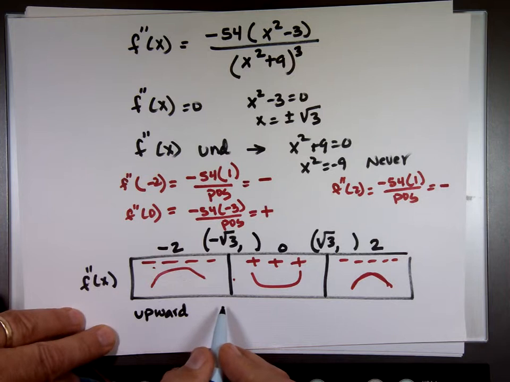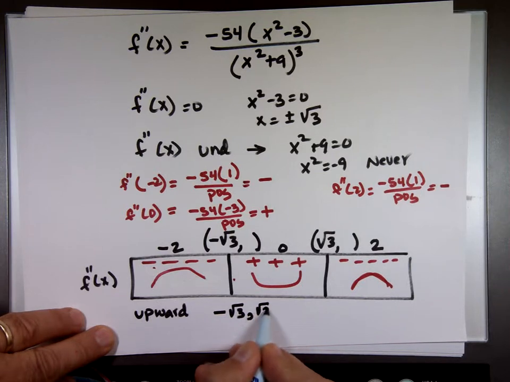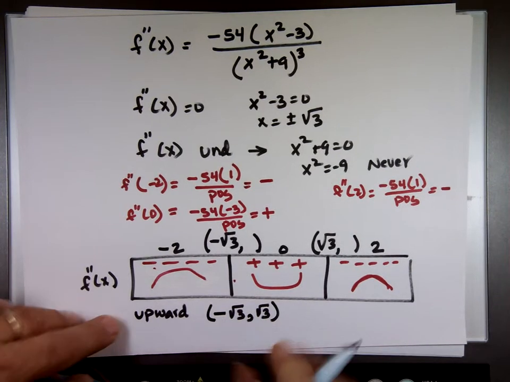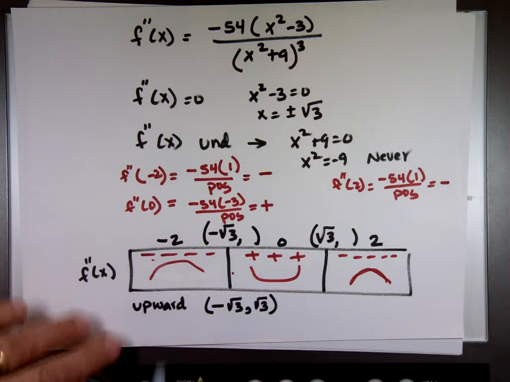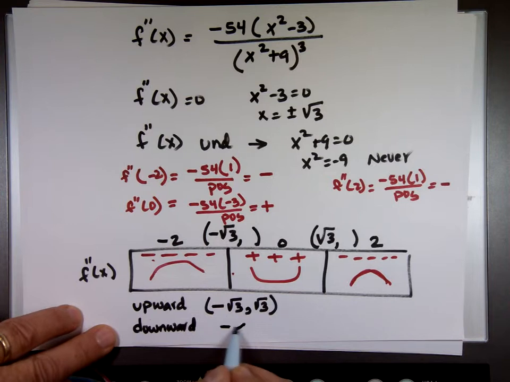Upward from negative the square root of 3 all the way to the square root of 3. Downward, from where to where? From negative infinity to what? Negative the square root of 3.